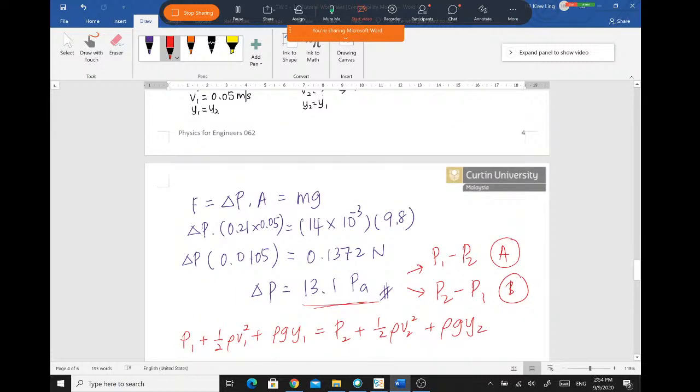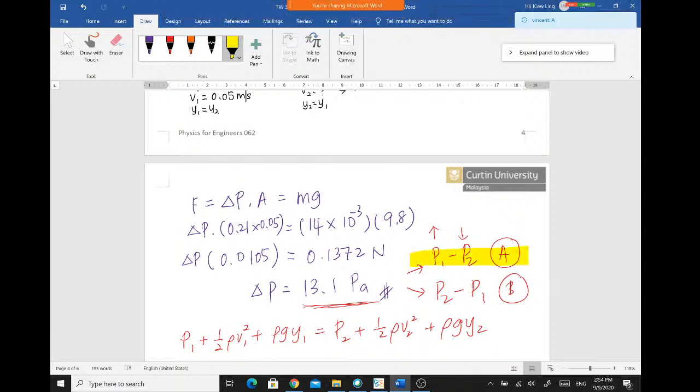Below is point 1, so this one is higher, this one is lower. So in order to find the difference, it will be P1 minus P2, which will give you 13.1 because P1 is larger. According to Bernoulli principle, P1 is larger, correct?